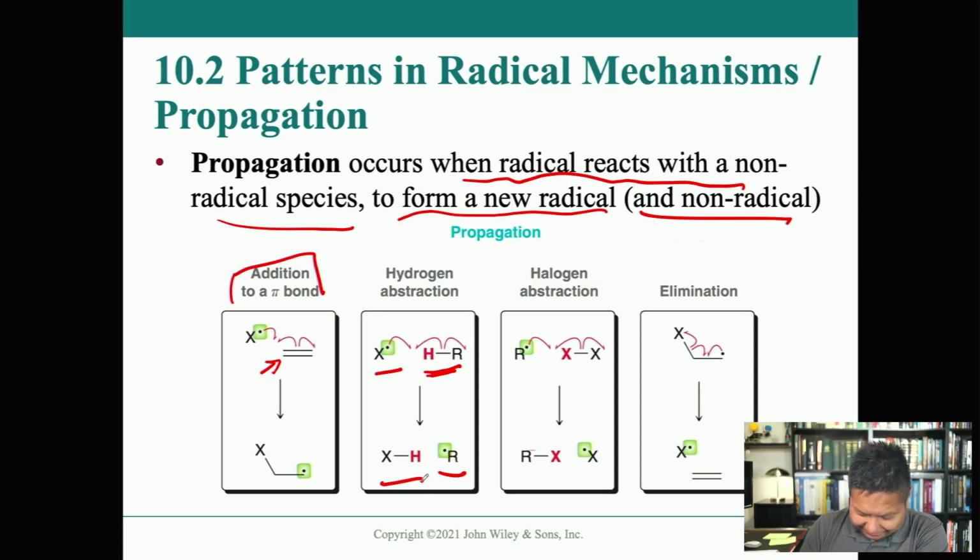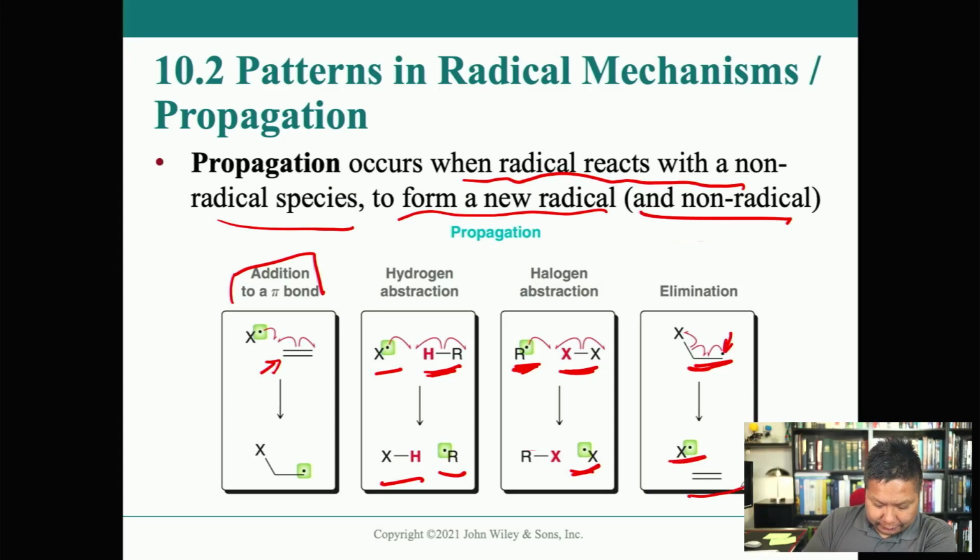So the point is, in all of these, we're introducing a radical after initiation to a non-radical species, and then we get a new radical species. Same here. We had a radical species right there, and now we get a new radical species.